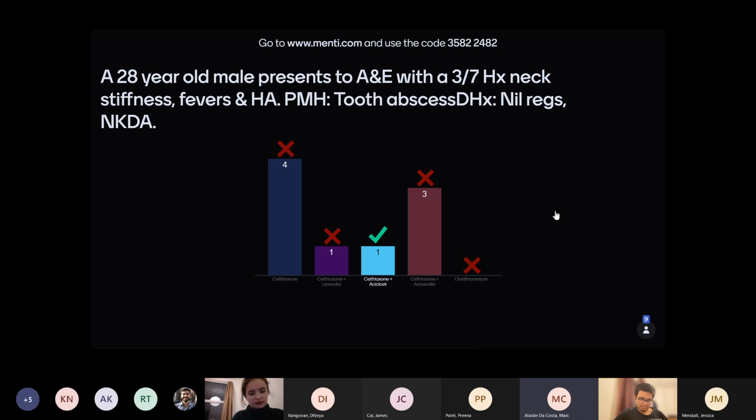Listeria. You're giving it to cover for listeria. He's 28, highly unlikely to have listeria as the causative organism. So ceftriaxone is the mainstay: ceftriaxone, 2 grams, BD, IV. Good. What's the next question?